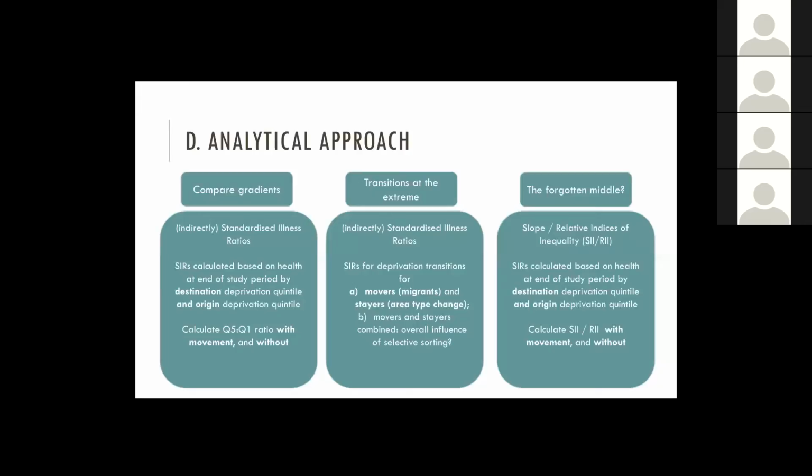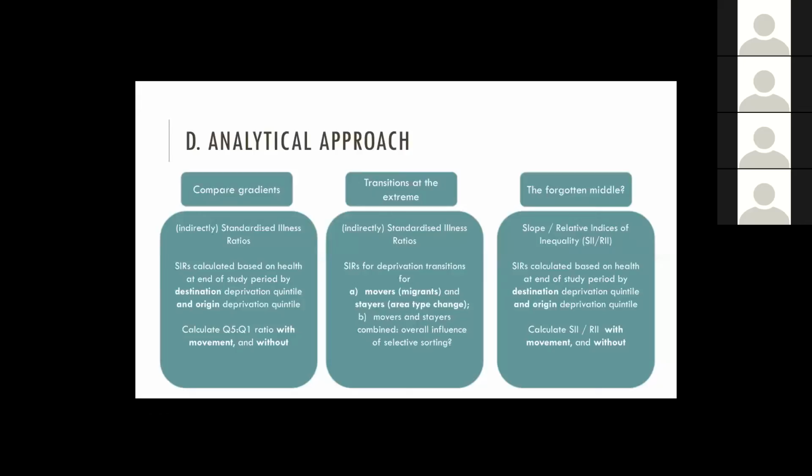And then finally, the last little bit that I did was saying, okay, we know that transitions at the extremes might be important in affecting health gradients if movement or migration is having an influence. But as the majority of the population live in the middle, so live in quintile 2, quintile 3, quintile 4, what's going on there? And this is something that was generally neglected from a lot of the literature in this area.